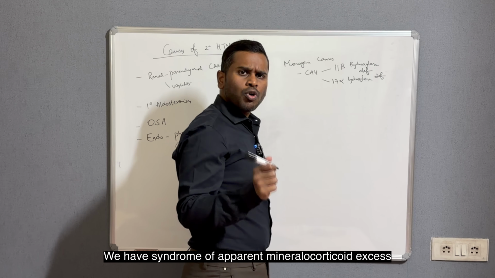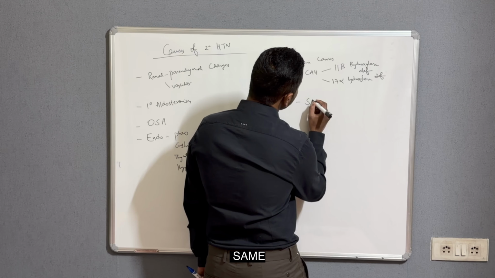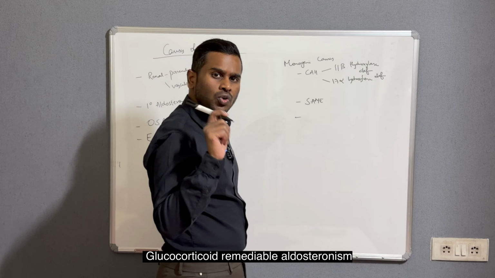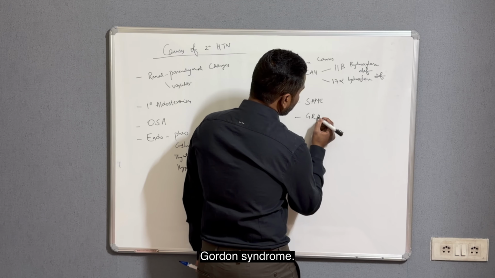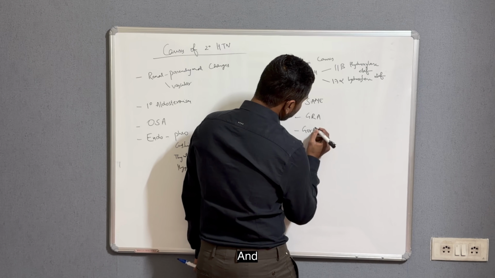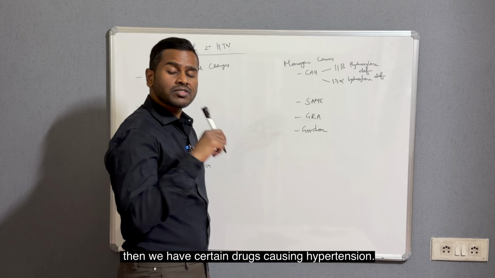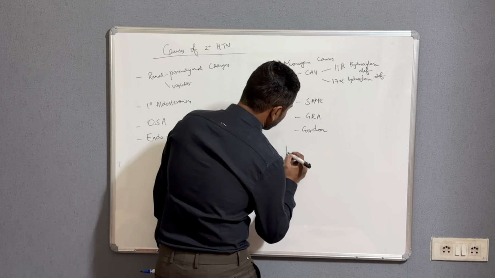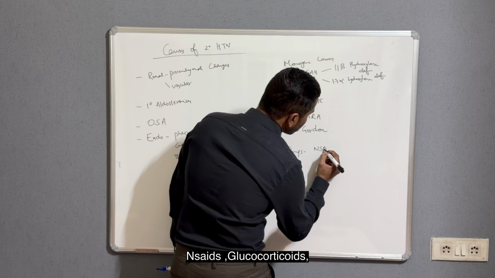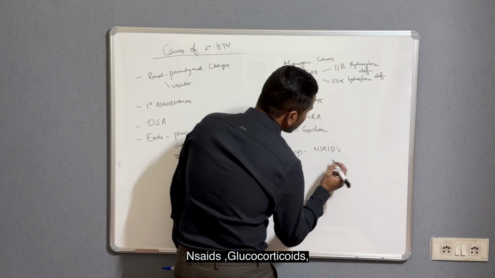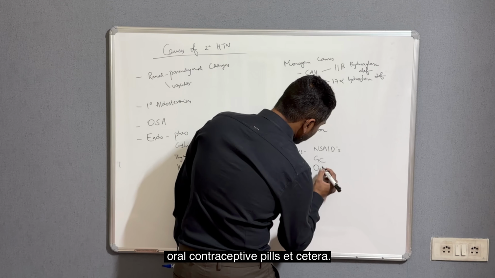We have syndrome of apparent mineralocorticoid excess, SAME, glucocorticoid remediable aldosteronism, Gordon syndrome. And then we have certain drugs causing hypertension: NSAIDs, glucocorticoids, oral contraceptive pills, etc.